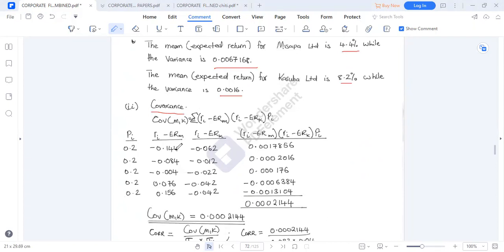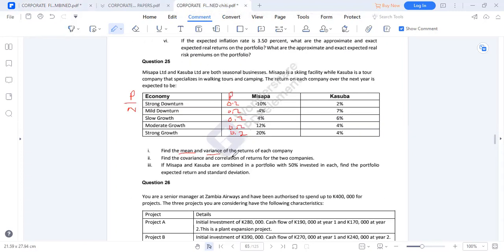So probability, return minus expected return for Misapa, return minus expected return for Kasuba. Multiply this by that, the total. This by that, the total. And do the last one, then you sum them up. This is what we call our covariance, between Misapa and Kasuba. We're getting 0.02144. So this is our covariance. The question further on went on to ask for covariance and what?